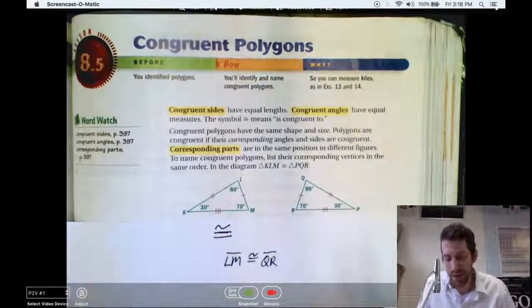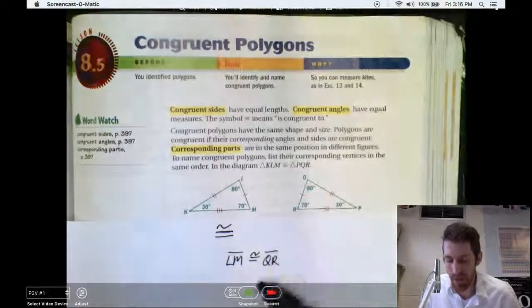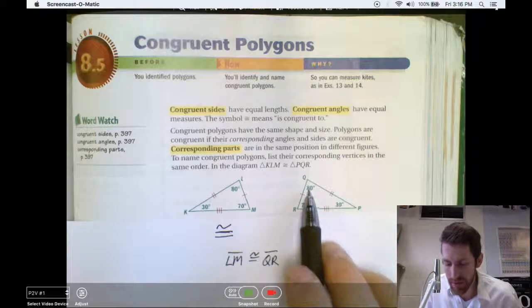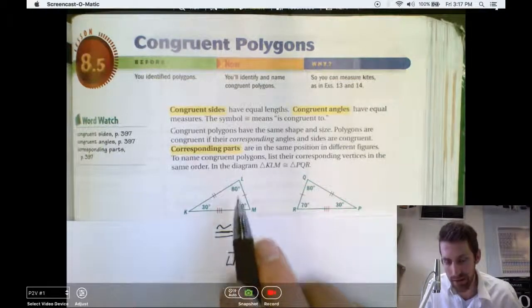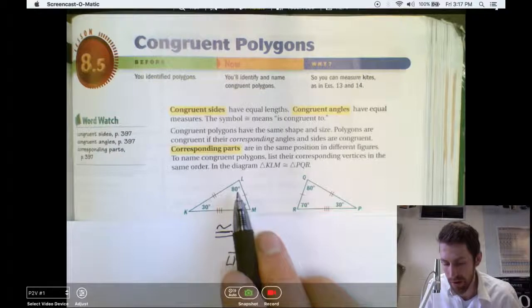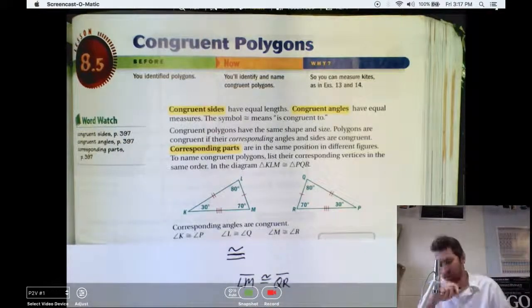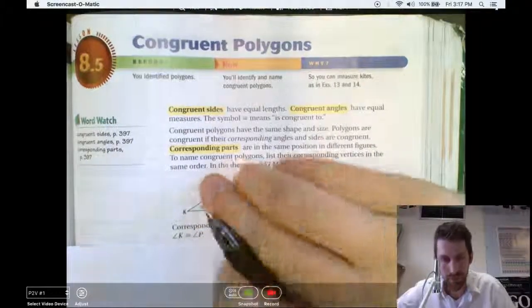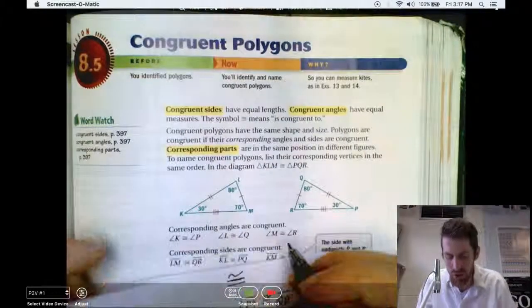So right now, if these two triangles are congruent, then this angle is 80 degrees. There's a corresponding angle in here that must also be 80 degrees, and it's up there, right? And M corresponds with R. Now watch this. Let's pretend I was going to name this triangle, triangle KLM.